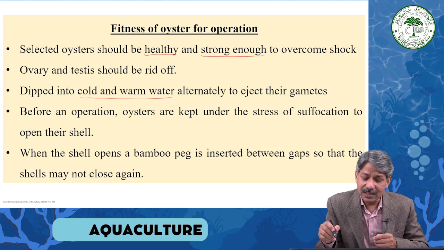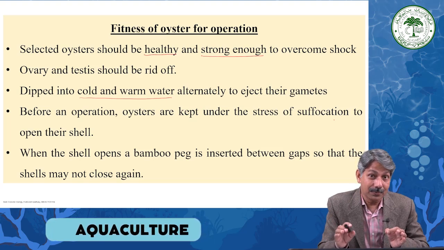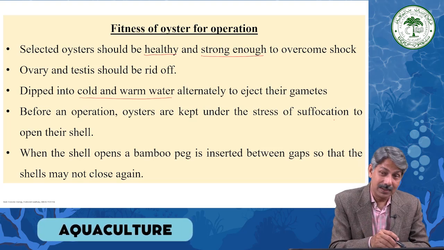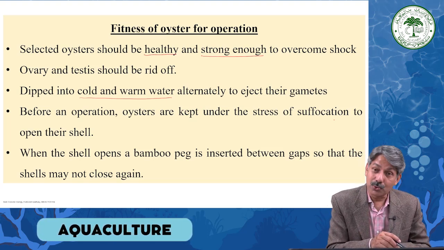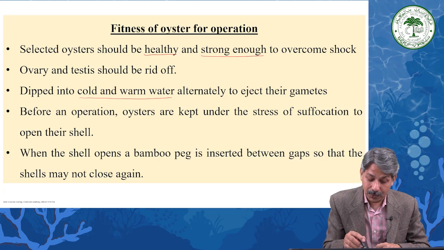So you can apply a little bit of stress, but that should not be enough to weaken the oyster, or put too much stress on it, so that the oyster does not respond as you wanted. When the shell opens, a bamboo peg is inserted.